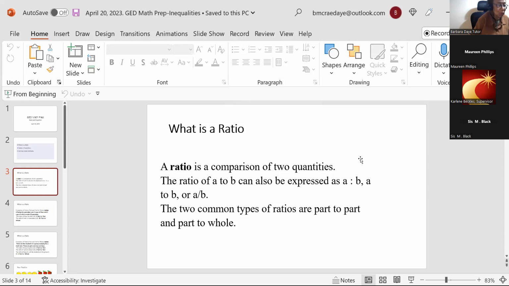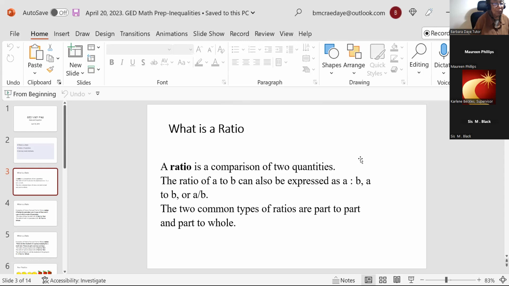Like you had a class, and the class had 10 boys and 15 girls. Well, the ratio of girls to boys will be the number of girls to the number of boys. And that's a ratio.